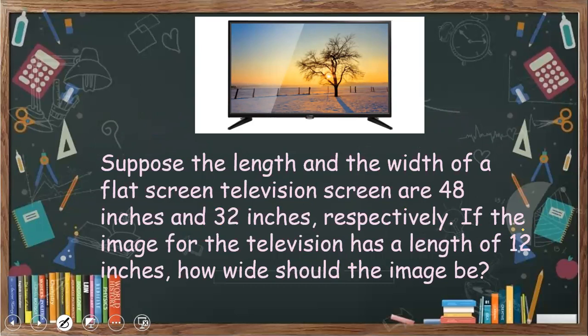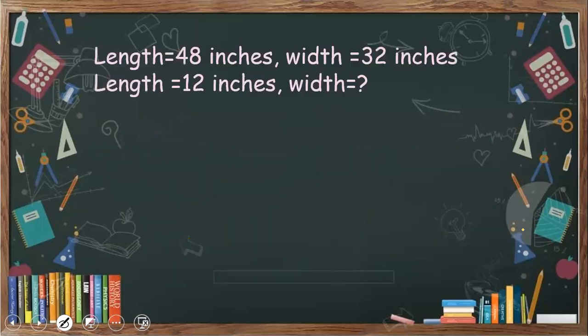Look at this television. Suppose the length and the width of a flat screen television are 48 inches and 32 inches respectively. If the image for the television has a length of 12 inches, how wide should the image be? So let's write our given here.